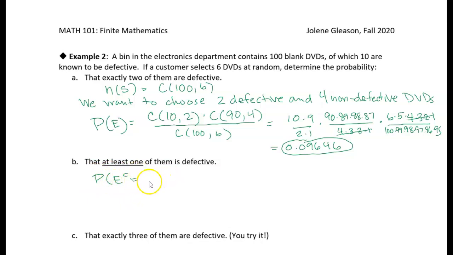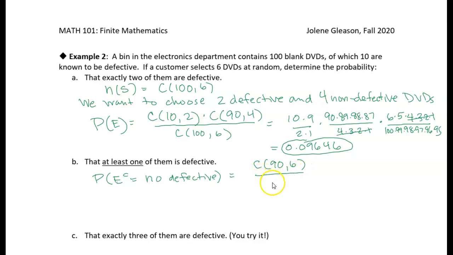A complement of at least 1 is no defective DVDs. Okay, so we want to calculate the probability of getting no defective DVDs. So the number of ways to do that is to choose just from the non-defective DVDs. And we have 90 non-defective DVDs, and we're going to choose 6 of them.